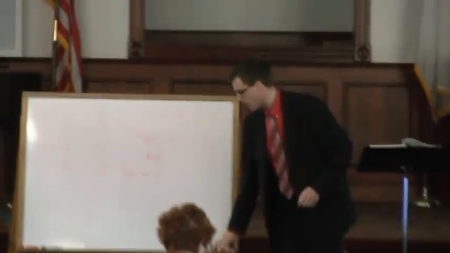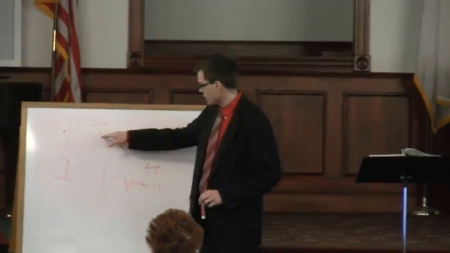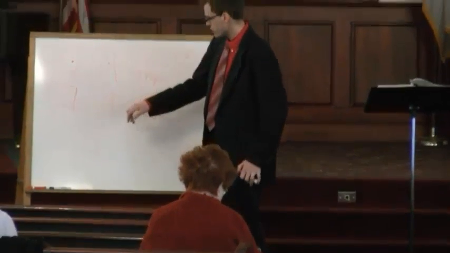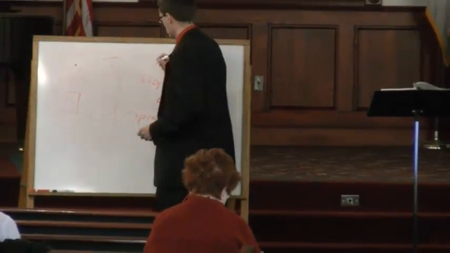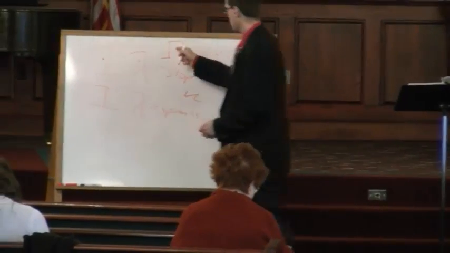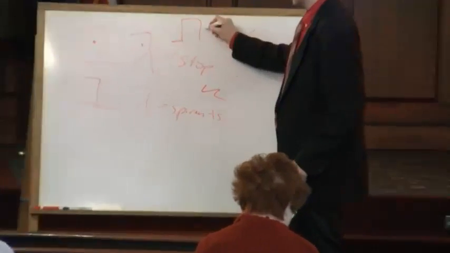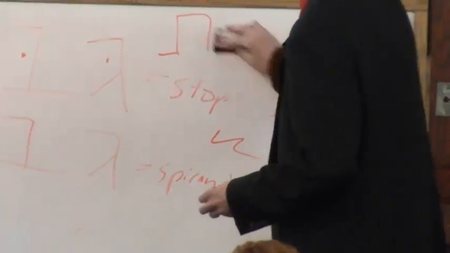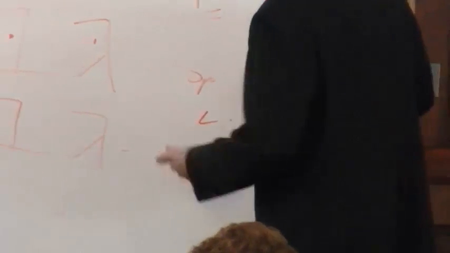Now, only the stops can be doubled. So if you see tau without a dogesh inside, this is always going to be only one letter in the transliteration. Or I'll just use baith here.